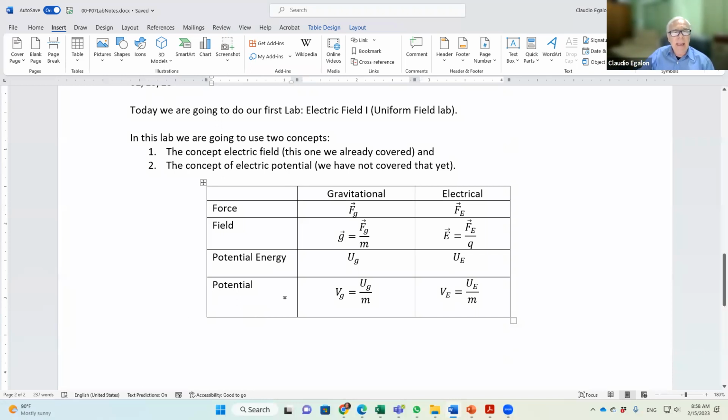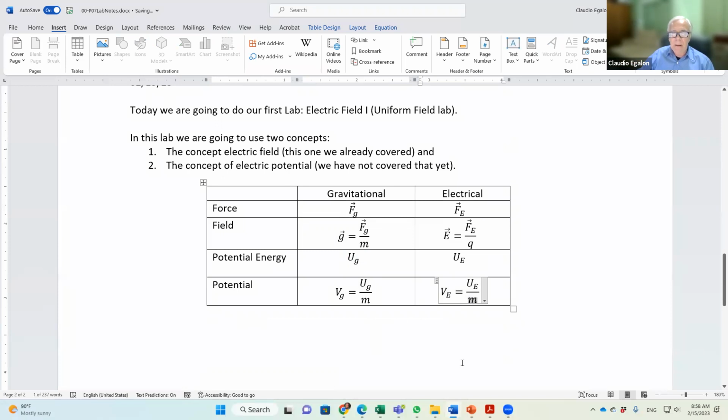We can define it in the same way that we defined the gravitational field, which is the potential energy divided by the source of the gravitational force. Here we have something similar, but instead of dividing by the mass, it is divided by the charge Q, the same charge Q that we used to define the electric field, that we call our test charge, which is always positive.